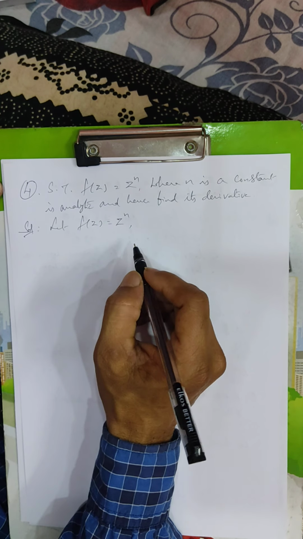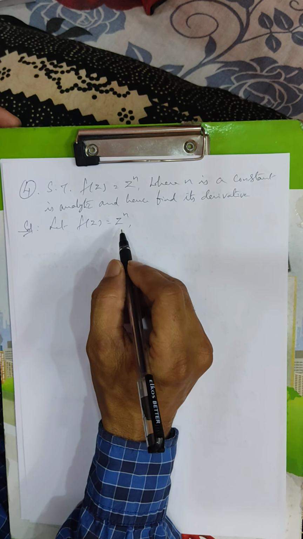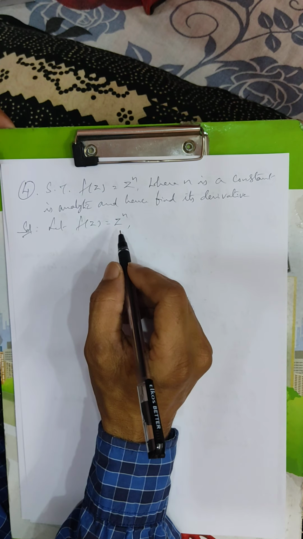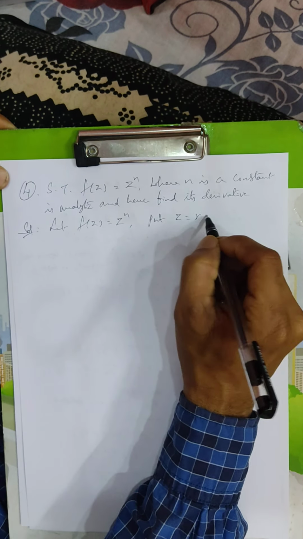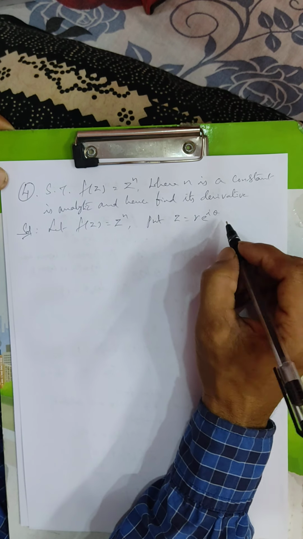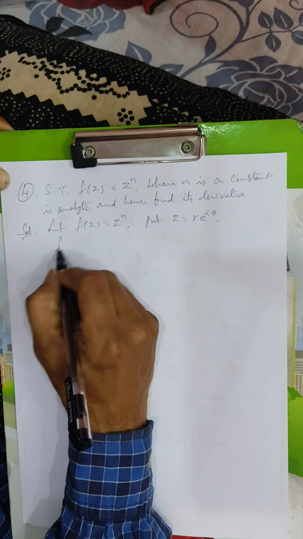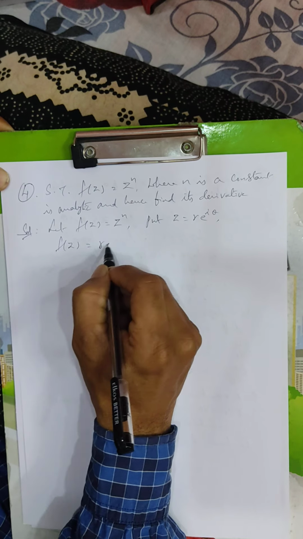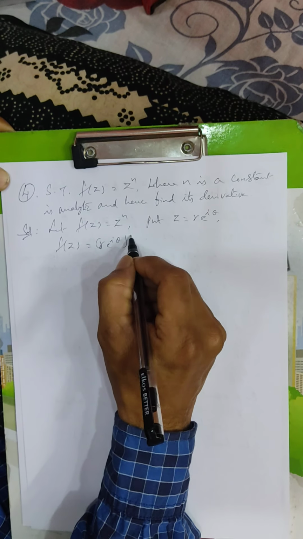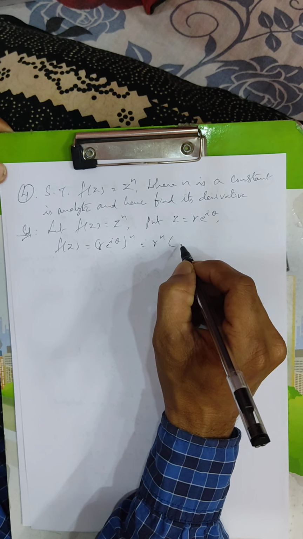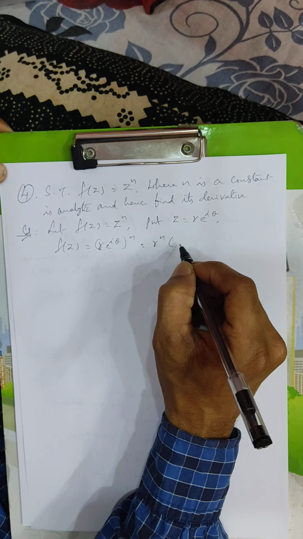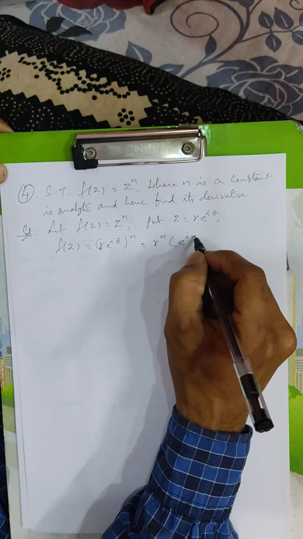So once again, let us consider z is equal to r e power i theta, that is polar form. Put z is equal to r e power i theta, then we get f of z is equal to r e power i theta whole power n, that is equal to r power n into e power i n theta.